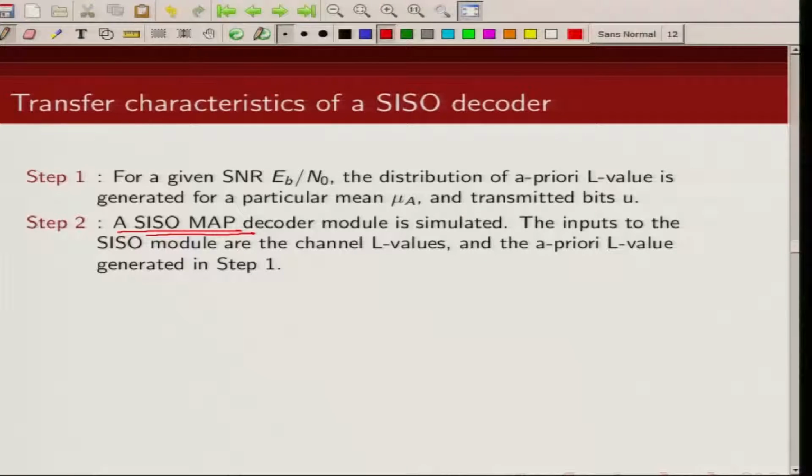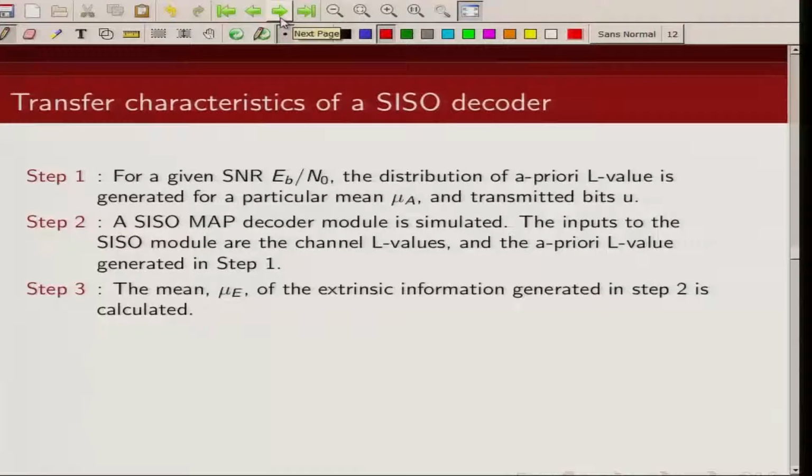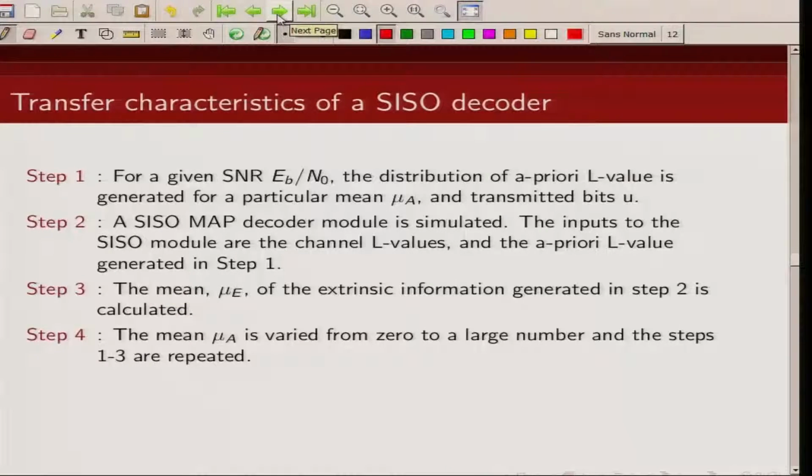We feed these two inputs to the decoder, and what comes out as output are these extrinsic values, and we compute the mean of the extrinsic values. Now, we know that our signal to noise ratio, because we are making a Gaussian assumption, is related to the mean.